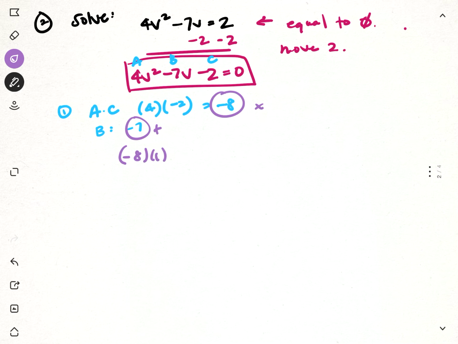We could do negative 4 times 2, and then we could do the flip-flops, but let's just check this one first. Negative 8 plus 1, we get negative 7. Oh, okay, so we hit it right off the bat. So we know we're looking at negative 8 and 1. So that was step 2.